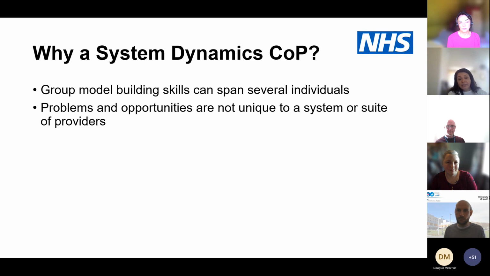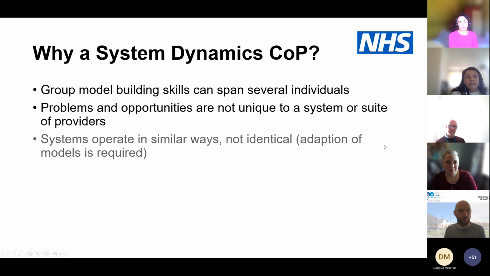And even if you have all the skills, you may not have the time available. So you have to work together. This is not an individual modeling exercise that you do when you embed in a system dynamics project. It has to be a group model process in there. So you need more than analysts and modelers in that team. So we need operational and clinical colleagues in the group as well.